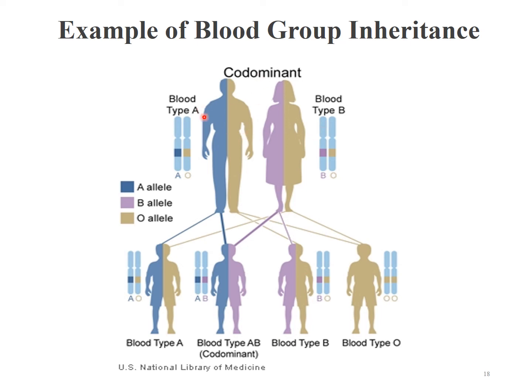So both allele A and B are codominant alleles, which means when both genes or both alleles are present, both antigens will also be expressed. So a couple with an AO genotype and a BO genotype can potentially produce offspring with 4 different types of blood types. Could be blood type A, AB, B, and O, which is quite interesting to see.